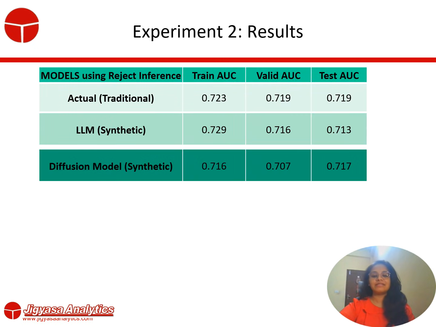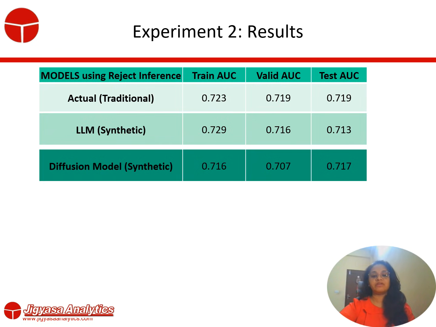Now, let's see how the second experiment turned out. Traditional model, train AUC 0.723, validation 0.719, holdout 0.719. LLM model, train 0.729, validation 0.716, holdout 0.713.